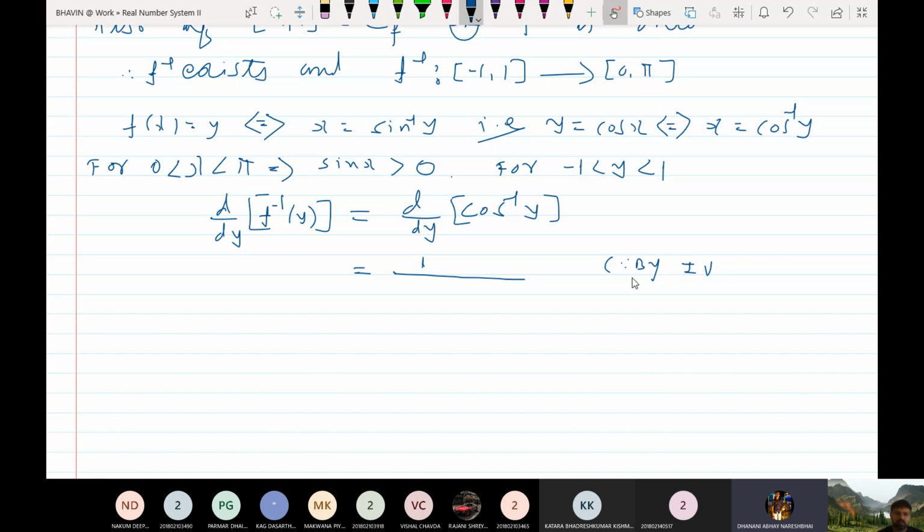No, I am not asking you that. By inverse function theorem, what should be the derivative of this function? f dash of f inverse y. What is f inverse y?